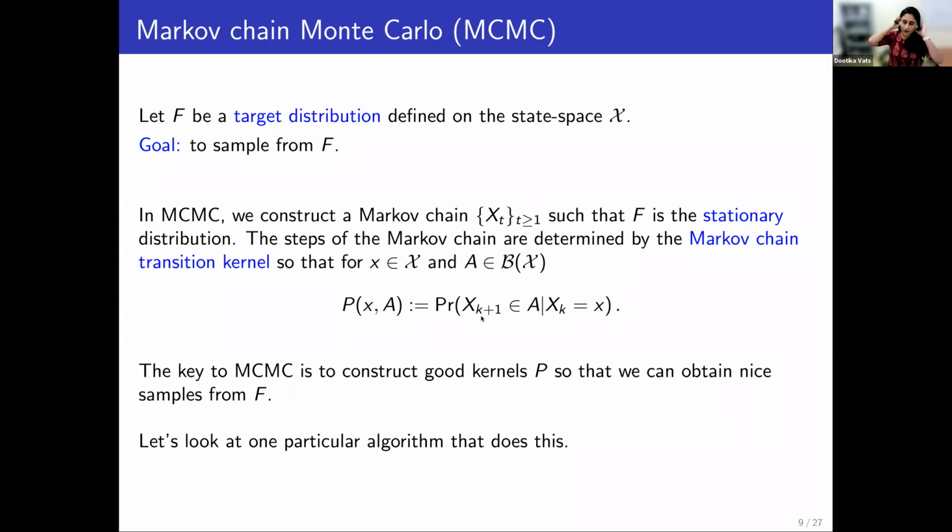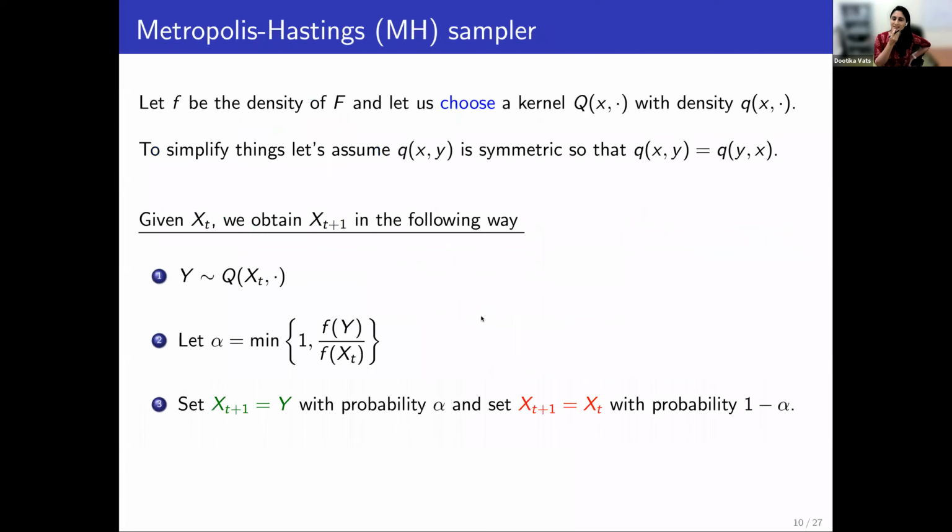Okay. So let's look at one particular such algorithm, the most popular one, which is called the Metropolis-Hastings (MH) sampler. Let small f be the density of capital F, and let us choose, and this choice is critical, a kernel Q, which is called the proposal kernel. This Q is what was our box in the example of uniform sampling from the circle.